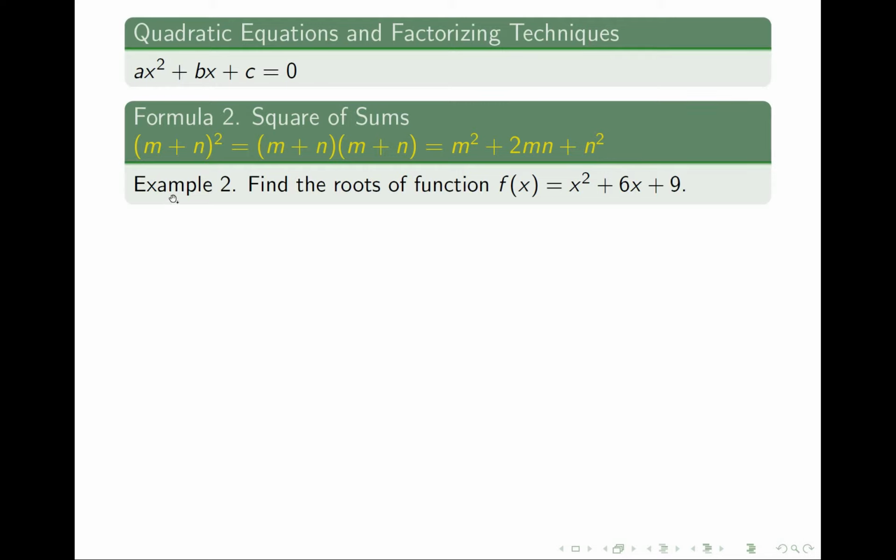So we will go through example 2 to clarify the idea. We would like to find the roots of the function f(x) equals x squared plus 6x plus 9.